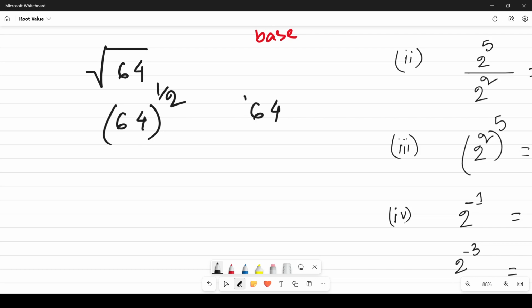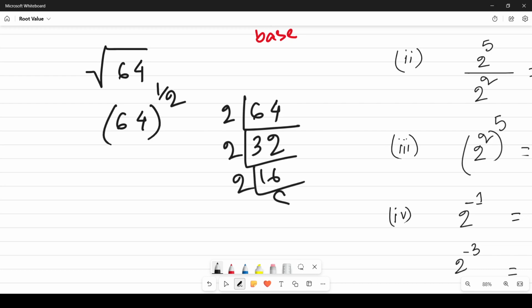So let's find the multiplication factors of 64. 64 is an even number. So let's try dividing 64 with the smallest even number, 2. What do we get? 32, 16, 8, 4, 2.